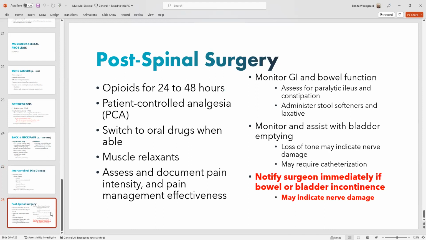Opiates are used for 24 to 48 hours with patient-controlled analgesia. We do try to get these patients off of that, especially these days, as soon as possible. We switch from IV to oral drugs as soon as the patient is tolerating food and liquids. We want them to be on muscle relaxants to decrease the amount of opioids they might need.